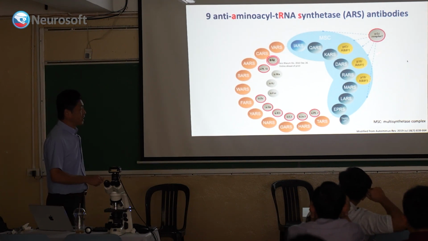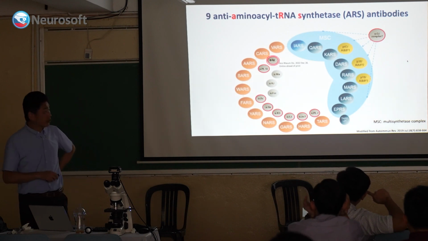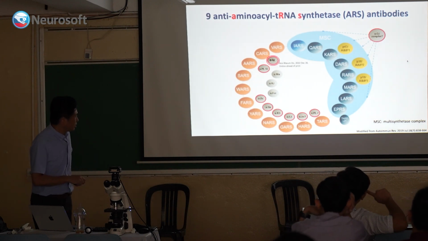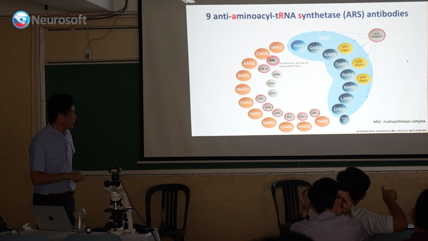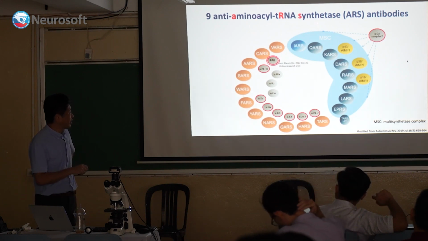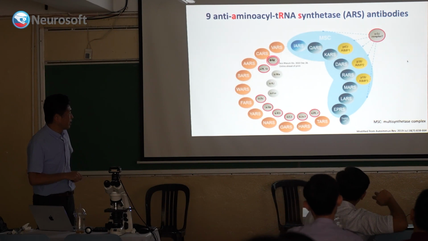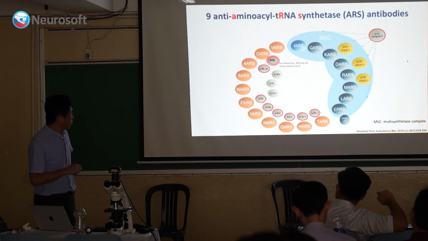And OJ is very tricky because each antibody basically recognizes a single amino acid tRNA synthetase. For example, JO1 recognizes histidyl tRNA synthetase, okay?